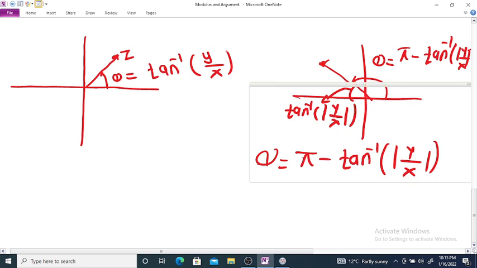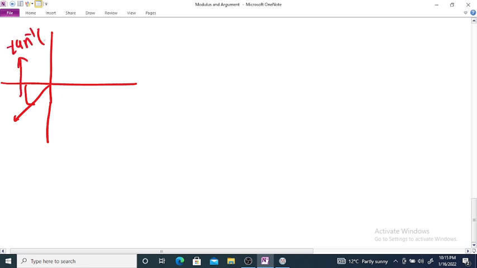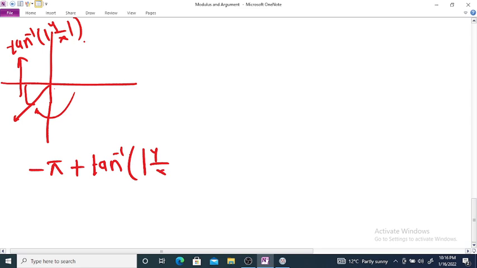Now for the next quadrant, this is tan inverse of mod of y by x, and if we subtract pi, the angle is minus pi plus tan inverse of mod of y by x.